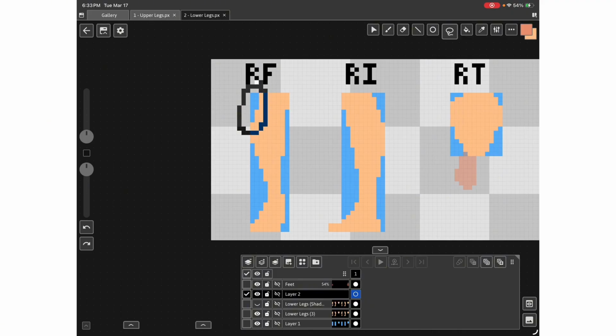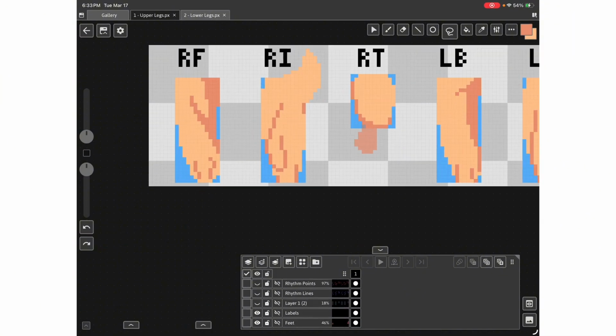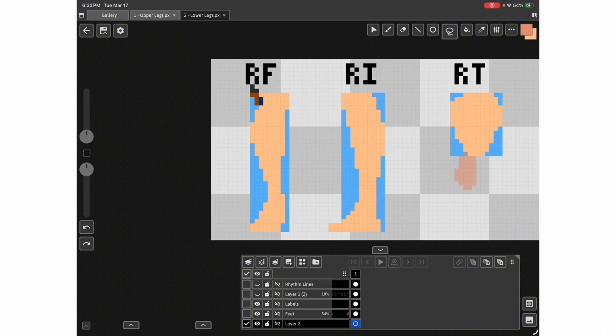It curves in here towards the knee. So you see how, let me move this out of the way, see how the upper leg comes down here. So this right here is a continuation of it coming down.